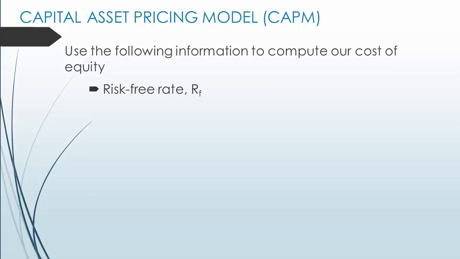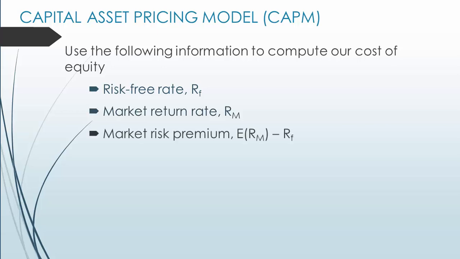And what is the risk-free rate? That's a rate you would get if you're taking no risk, generally related to government bonds. Whatever the rate would be on a government bond in any particular country, that would generally be what we term the risk-free rate. Then you look at the market return rate, and that's what we looked at on the previous graph of what would the market give you as a return.